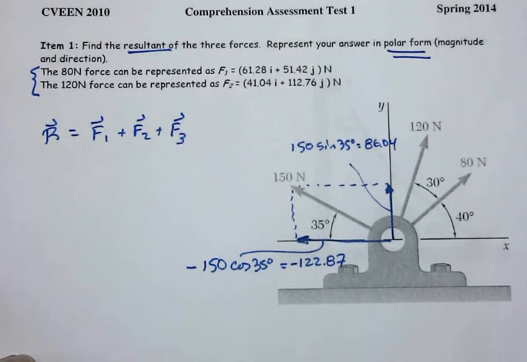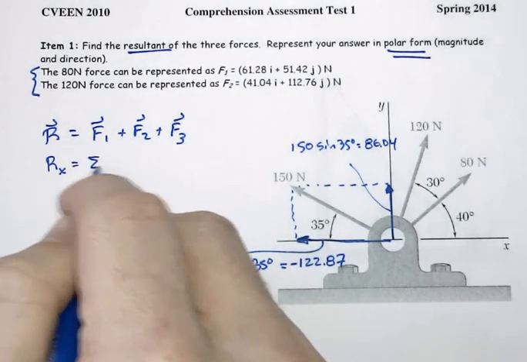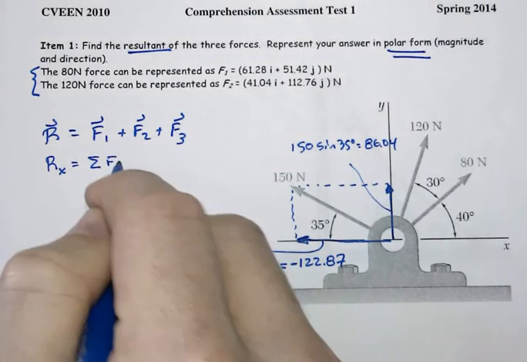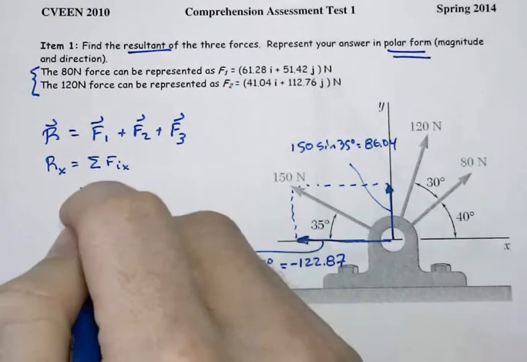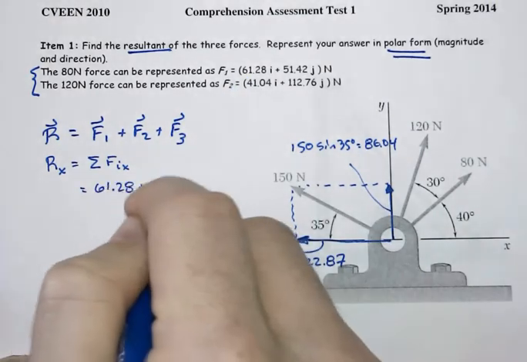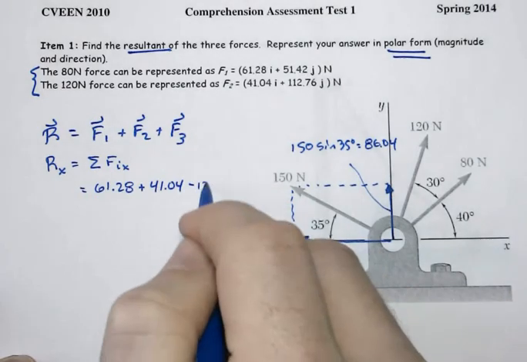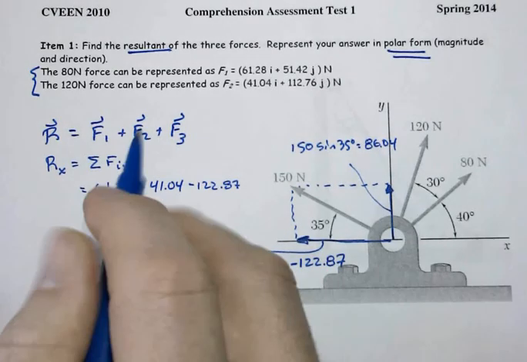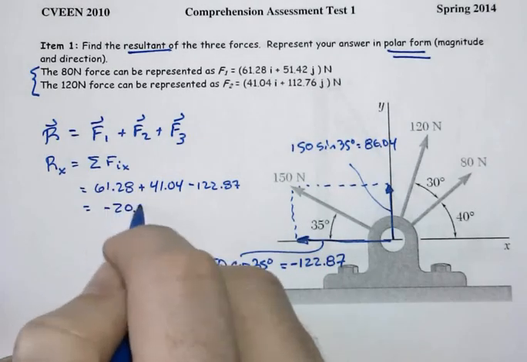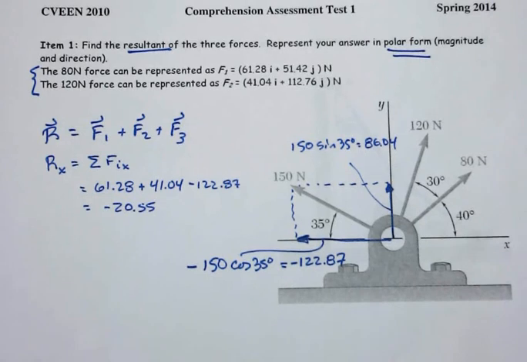So that when I come and look at then Rx being the sum of all of the x components, I get then 61.28 from the first plus 41.04 from the second minus 122.87 from the third, leaving a net of minus 20.55 newtons for the Rx component.